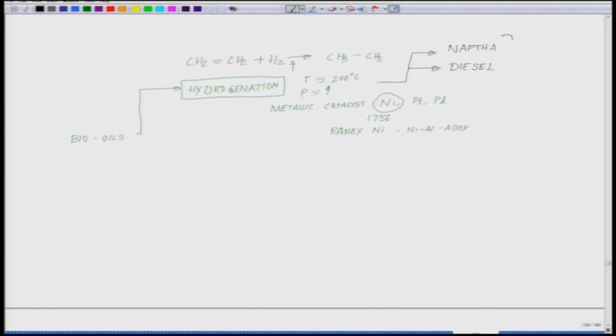These are considered as low octane ratings. So, what is this octane rating and what are diesel and naphtha? Talking about naphtha, naphtha is essentially a flammable liquid hydrocarbon mixture.